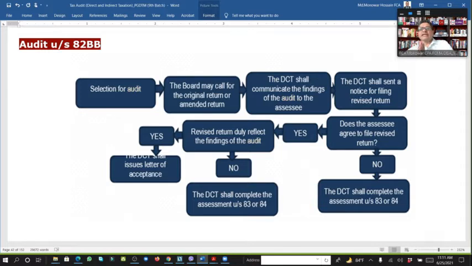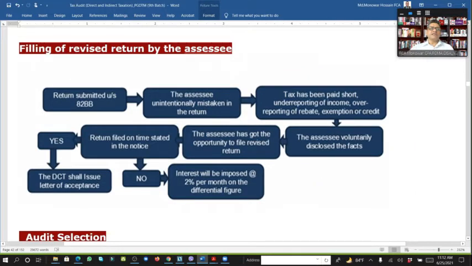If the SSC agrees to file the revised return, then they submit it. If they disagree, then the DCT shall compute the assessment under sections 83 and 84. If they disagree, the revised return should duly reflect the findings of the audit that the DCT calculated. If no, the DCT shall complete it and they have to pay the tax. And if yes, then accept it. So that can be the process of audit and filing of the revised return by the SSC.